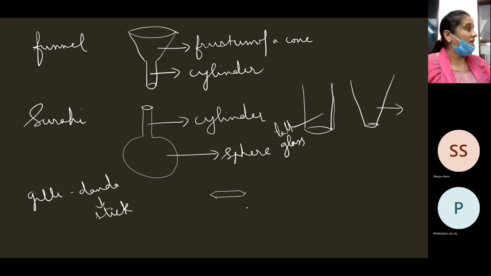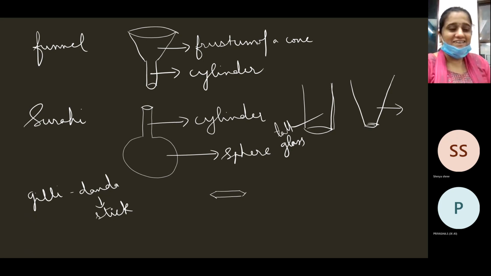Yes, this is how the gilli looks. So the shape of a gilli in the gilli danda game is a combination of, not the danda. The danda is the stick which is cylindrical. The gilli is this piece which is placed on the ground and they hit it with the stick. You have to give one hard knock on the gilli and fling it in the air with a stick.